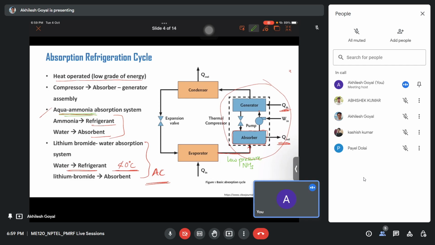And again the absorption amount also varies with the concentration of ammonia already present in the water. High amount of ammonia present means low amount of absorption, low amount of ammonia present means high amount of absorption. So this is the concept. I would say forget about the question, remember this concept.